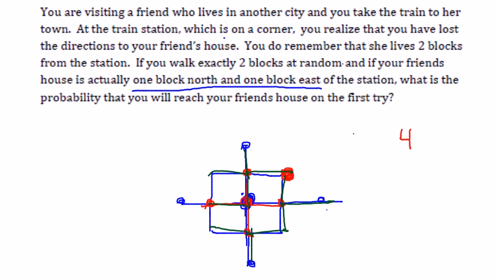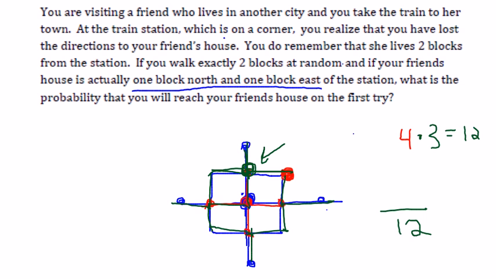So each of the corners has 3 options. If you get to this corner right here, you can either go up, go to the left, or go to the right. And so there are 3 ways to do that. So the number of paths that you could actually take is 4 times 3, or 12. So the denominator of our probability is 12. There are 12 total paths that you could take that are 2 blocks long.